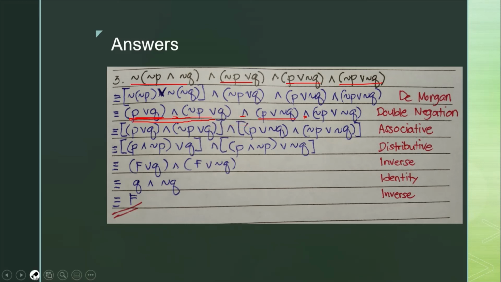I used associative, the parentheses, the grouping symbols. So here, using the reverse distributive law, how did I do this? You have this. Using the reverse distributive law, I arrived at this one.